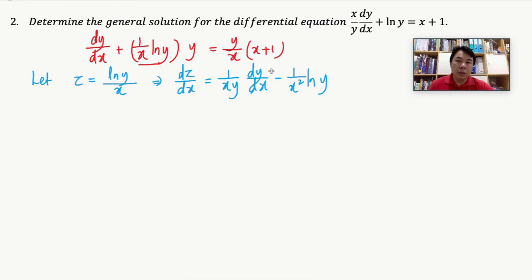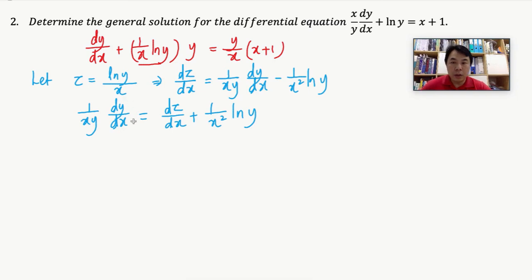Right? And then we're going to check this expression with the original expression that we have. Our intention is to obtain the term dy/dx here. So we do have dy/dx here. By restructuring, I'm going to do it slowly. dy/dx is equal to, sorry, that will be dz/dx plus 1 over x squared ln y.